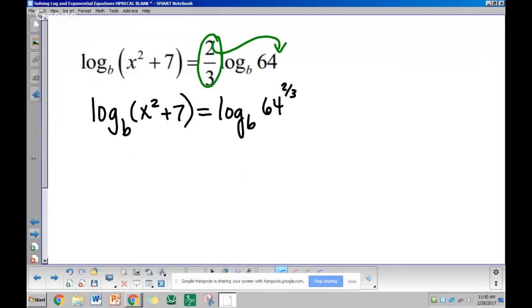64 to the 2/3 is the cube root of 64, which is 4, squared, which is 16. So we can say that this is equal to log base b of 16.